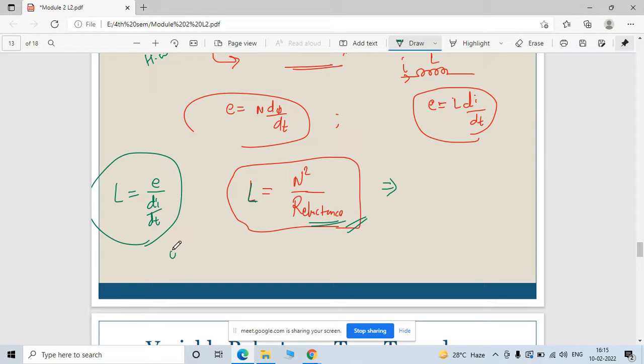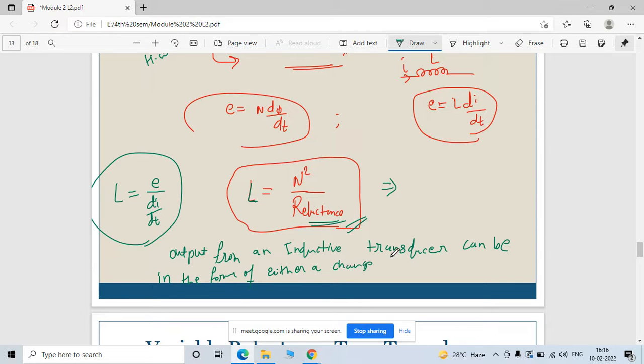So you can say that the output from an inductive transducer can be in the form of either a change in voltage or a change in inductance.